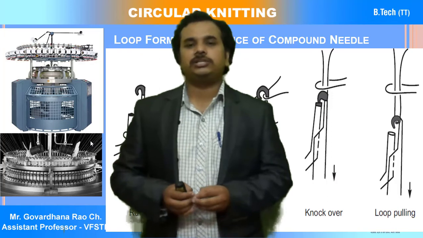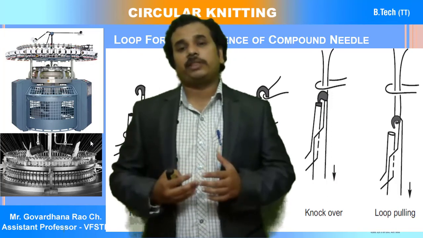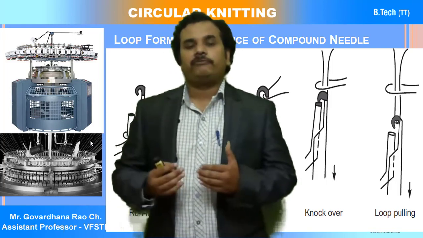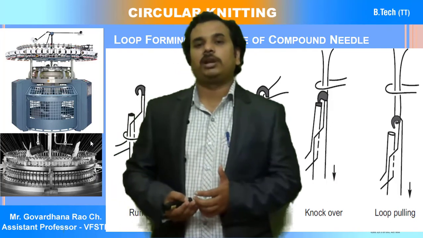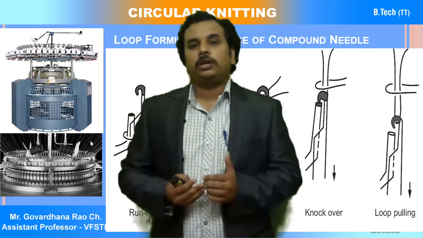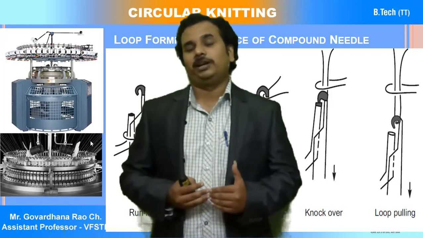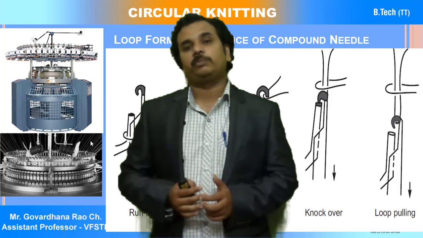And when the first frame knitting was developed from hand knitting, the spring beard needle was first used. So we can also use the spring beard needle in the weft knitting process.